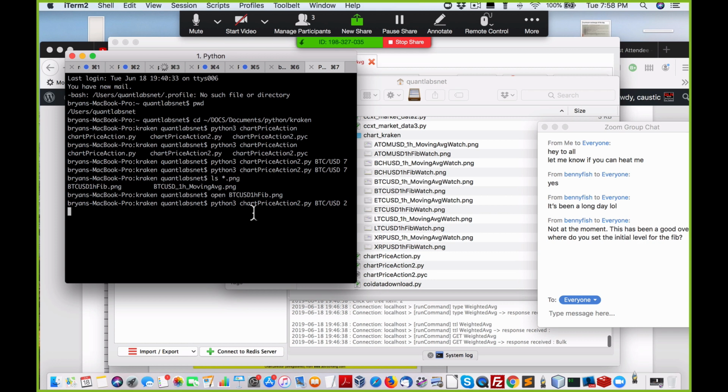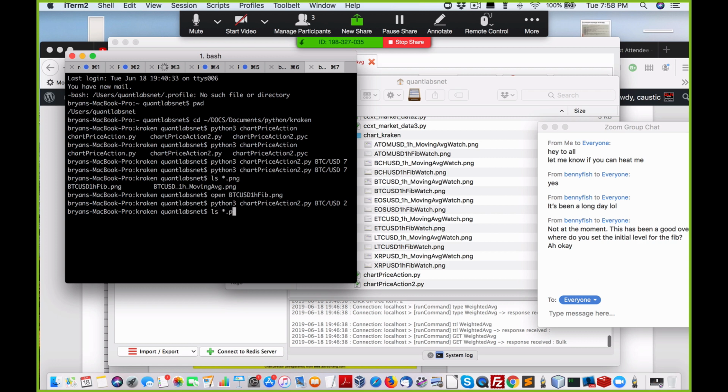What I do is it will take the min price and the max price of that time period, and it draws out automatically the Fibonacci levels from that over that time period. The only time periods I do it for is using hourly data with either 2-day or 7-day. So I'll show you what I mean here.